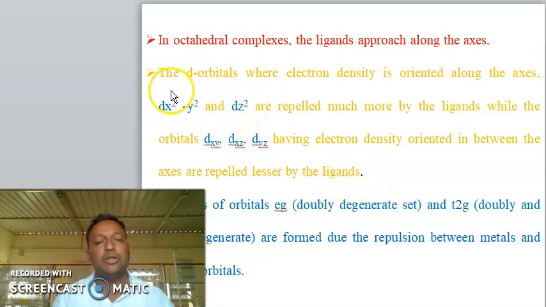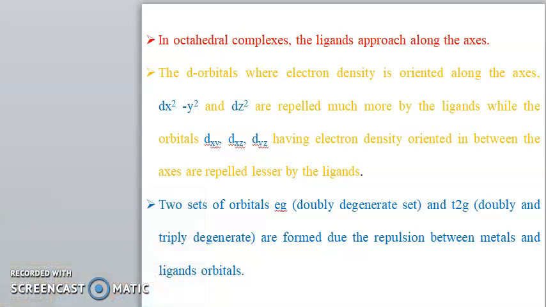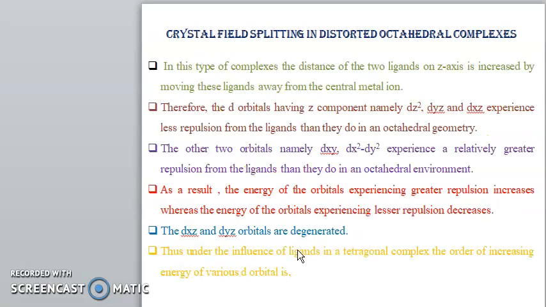These are your Eg orbitals and these are T2g orbitals. Okay, two sets of orbitals: Eg doubly degenerate set and T2g triply degenerate set are formed due to repulsion between metal and ligand orbitals.